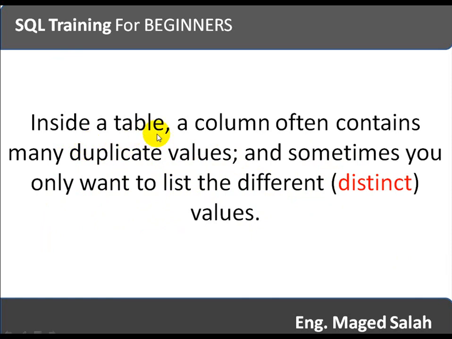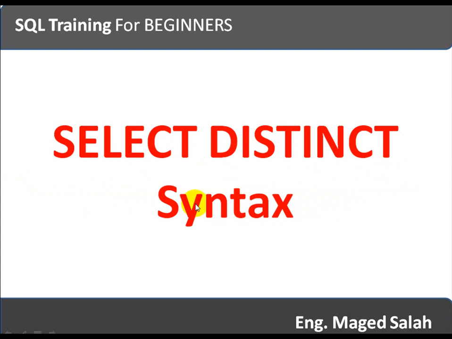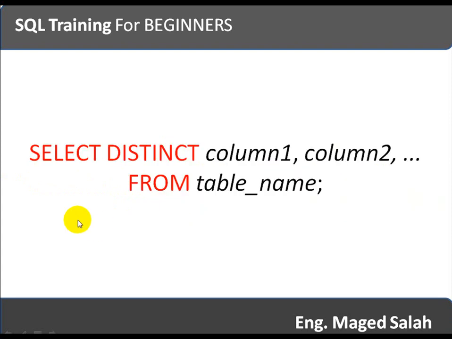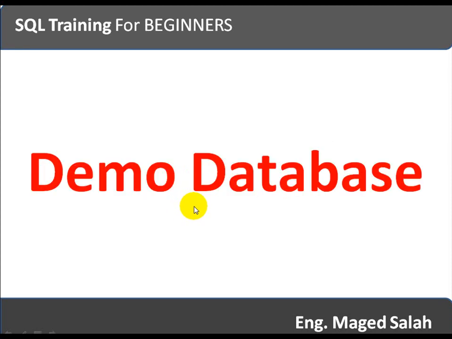Inside a table, a column often contains many duplicate values, and sometimes you only want to list the different, distinct values. SELECT DISTINCT syntax: SELECT DISTINCT column1, column2, column3 FROM table_name.